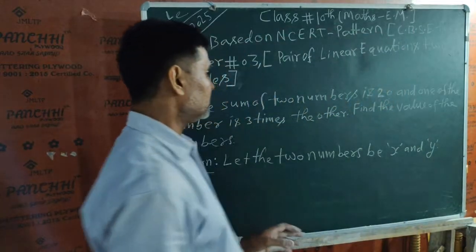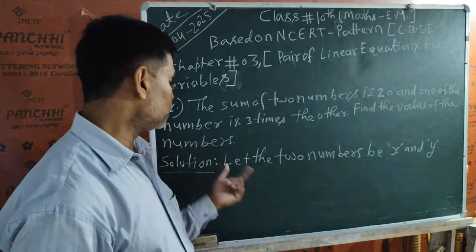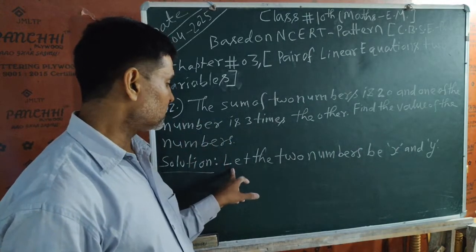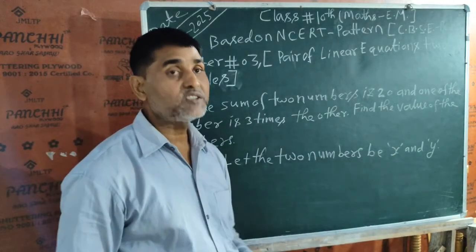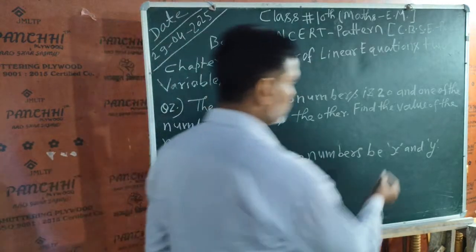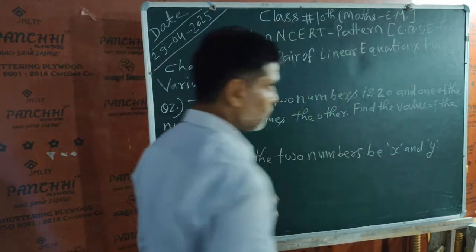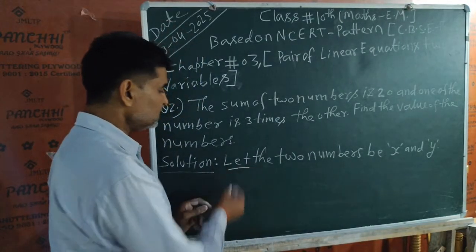If you are getting information like this, then you have to assume like this: let the two numbers be x and y, because we do not know what the value of x will be and what the value of y will be. Therefore I am going to assume. In place of assume I am saying let.